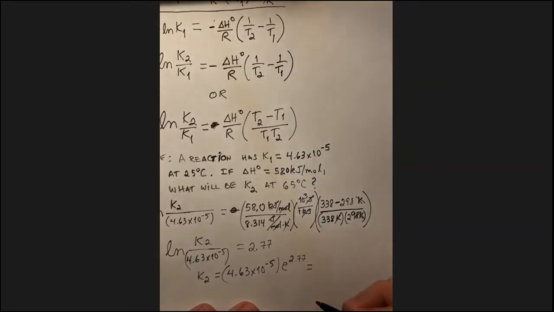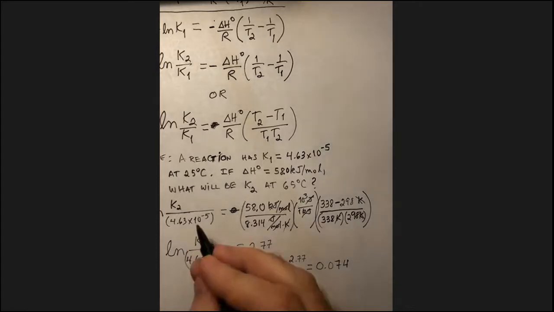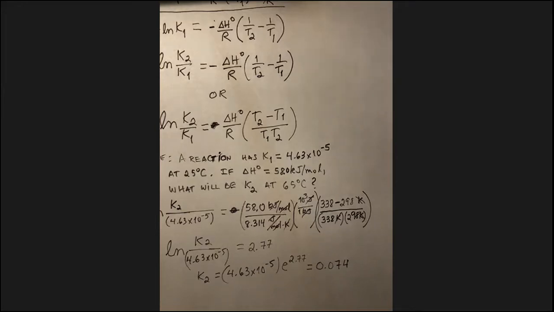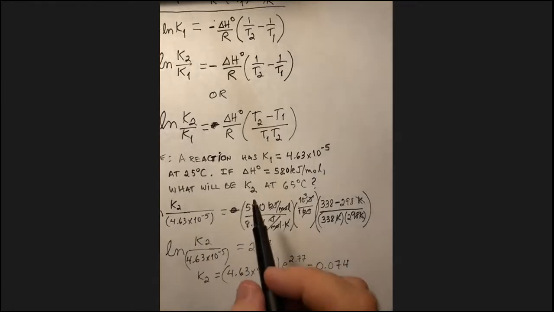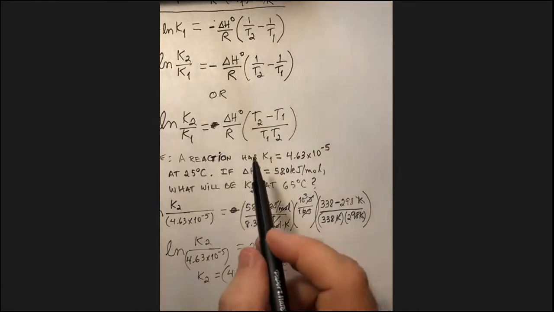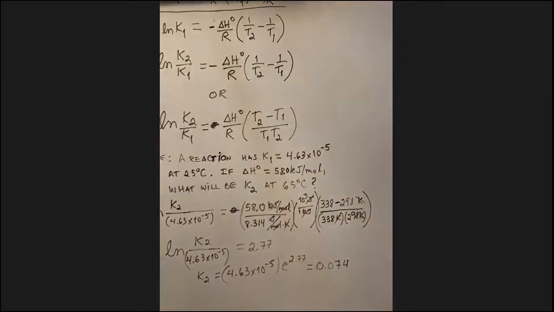And according to my numbers here, this should come up to be 0.074 or 7.4 times 10 to the negative 2. As you can see, at the higher temperature, the equilibrium constant also became larger. Again, my apologies for forgetting to arrange this. I forgot that I had switched things around here.